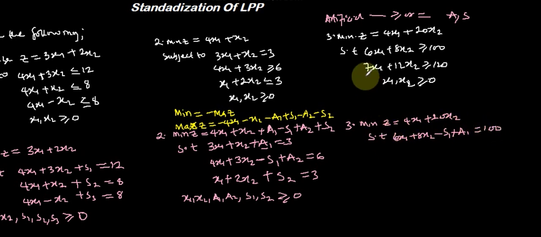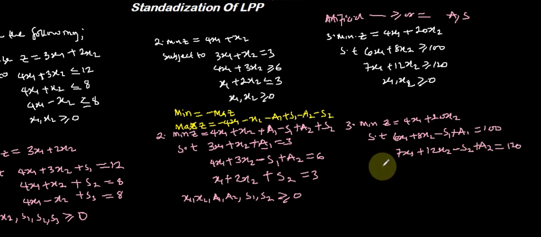For the second constraint, we have 7x1 plus 12x2 greater than or equal to. The same, we are going to subtract a surplus variable and add an artificial variable. I will make it equal to 120.